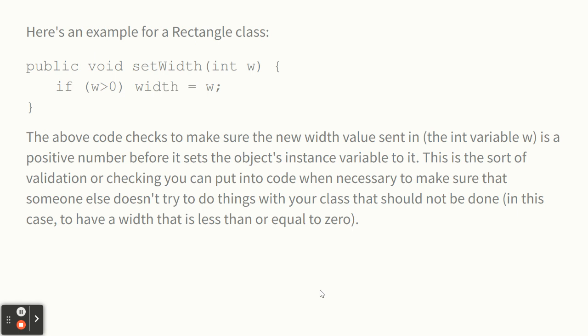Now, check this out. This code is making sure that they're not setting the width to a 0 or a negative number, right? That would be a bad width for a rectangle. In the normal universe, you can't have negative length. And it's not a rectangle if it's a 0 length, it's just a line. So this code makes sure that the new value sent in is valid before it sets it.